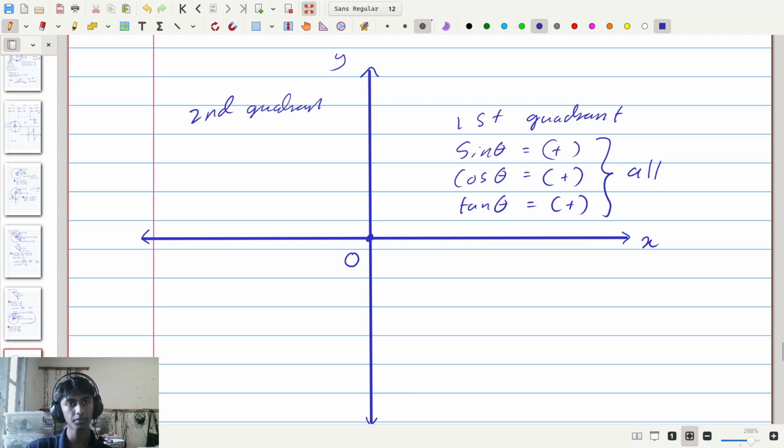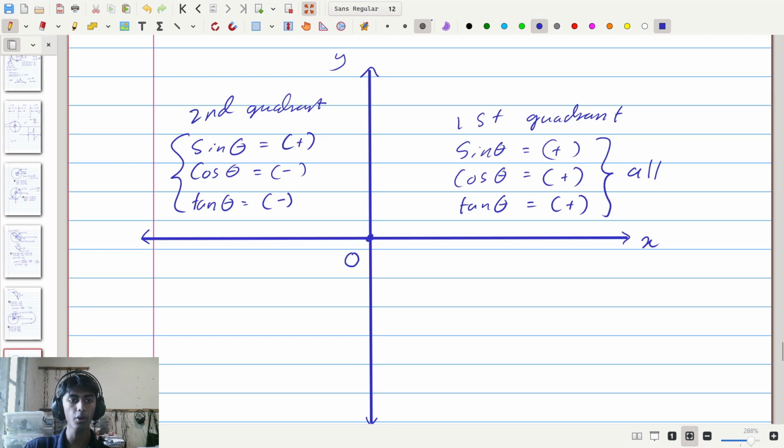Second quadrant. In the second quadrant, the x-coordinate is negative. Y-coordinate is still positive, however. Because the x-coordinate is negative, cosine theta is negative in this quadrant. However, because the y-coordinate is still positive, sine theta is positive in this quadrant. Tan theta is sine theta divided by cos theta. So tan theta is a positive number divided by a negative number, which is a negative number.